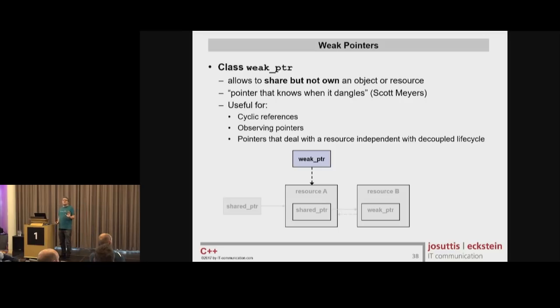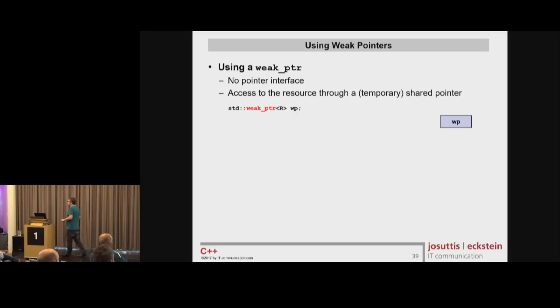There's still the weak pointer, and you can ask the weak pointer, is there still something available or not? This is important, that we have the concept of weak pointer. There's a reason you have to take that into account, as you will see in a moment.